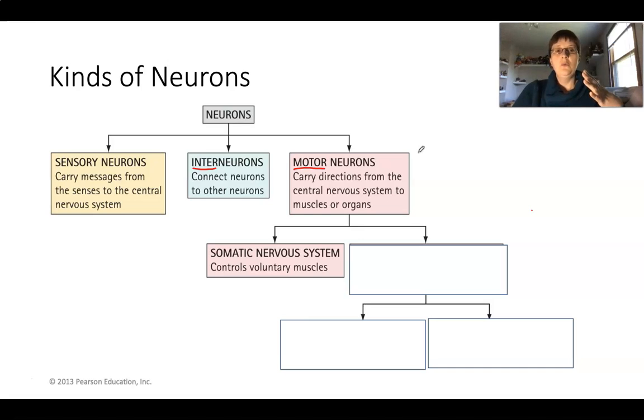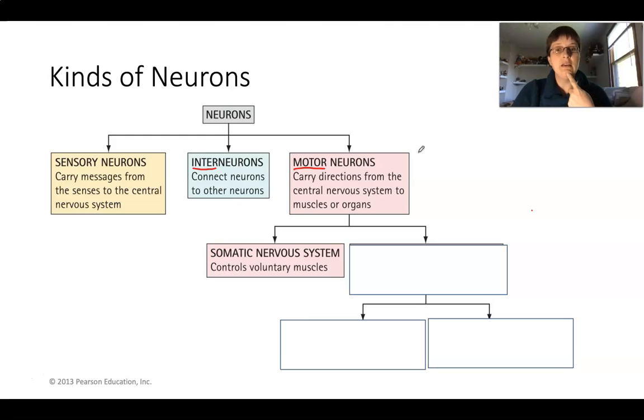Now, the type of system that those motor neurons go to depends. So we have two different types of nervous system that those motor neurons can trigger. We have what we call the somatic nervous system. These are the ones that control voluntary muscles. So those are the ones you see me using right now, right? I'm moving my hand, I'm talking, so I'm moving my mouth.